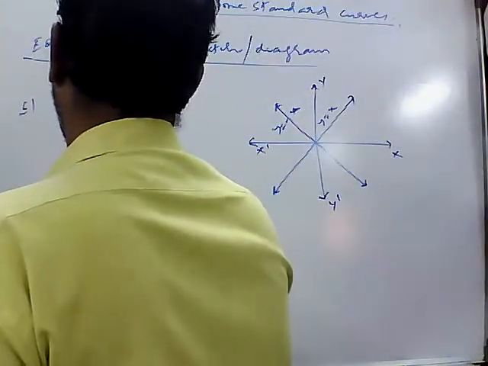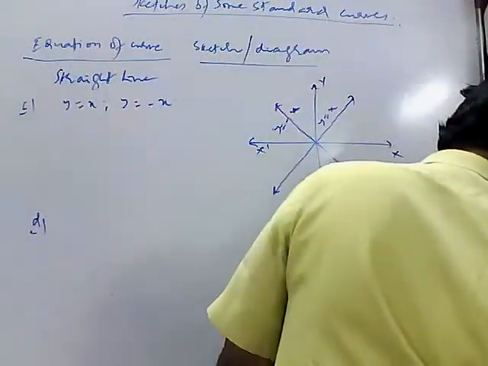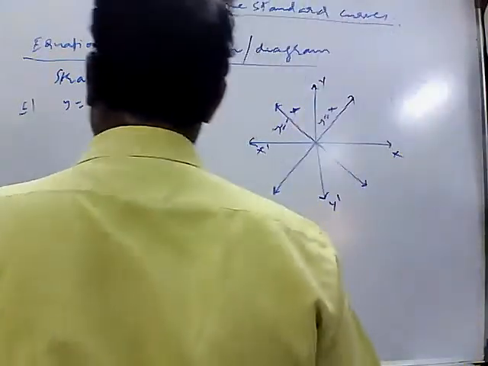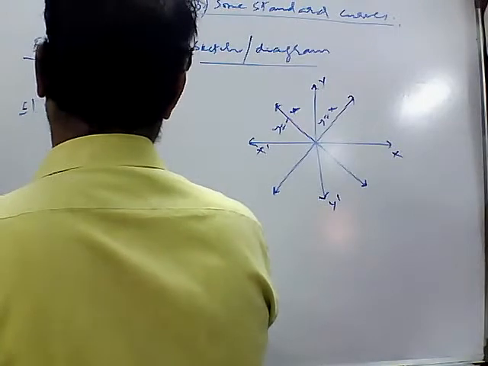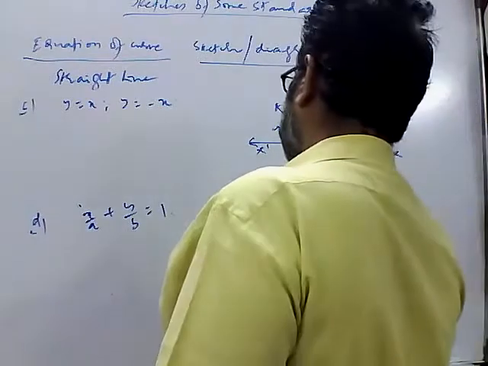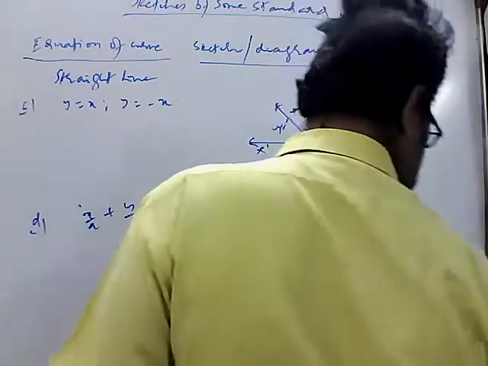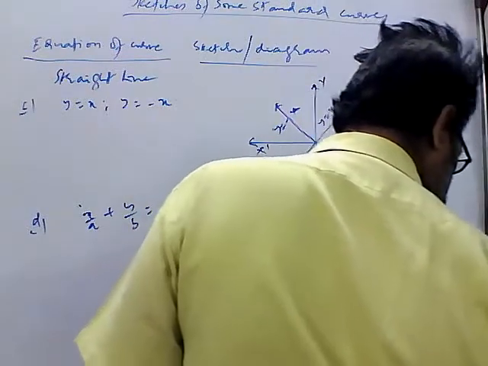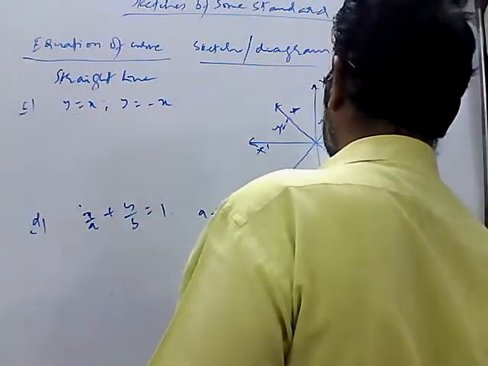Part D. Straight line x by a plus y by b is equal to 1, with a not equal to b.